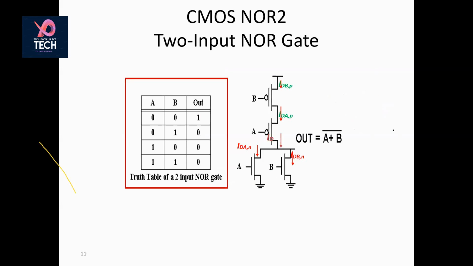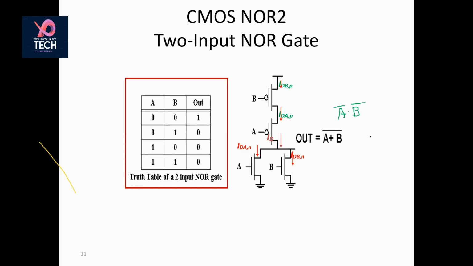Now, next is your CMOS NOR gate. NOR gate means your output is going to be A plus B complement. Here you can see that if we solve this, you will get multiplication of A bar dot B bar.